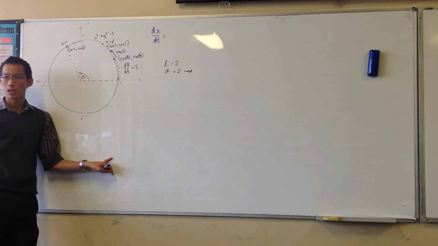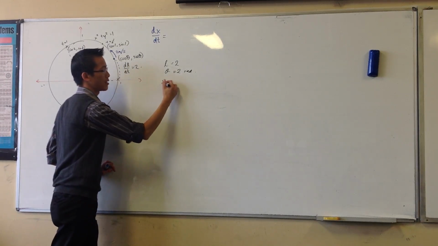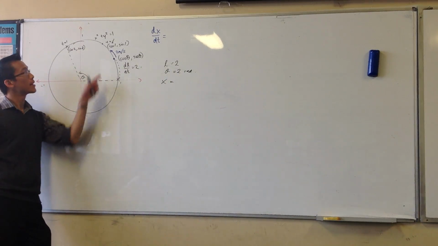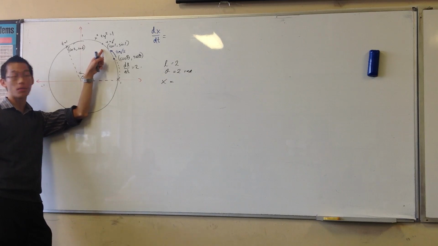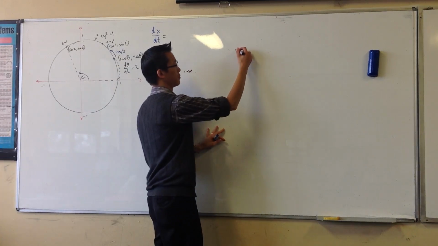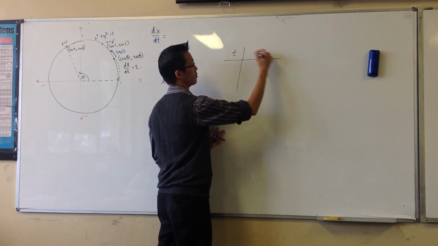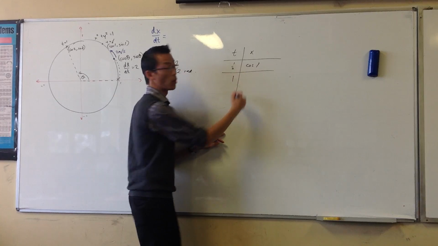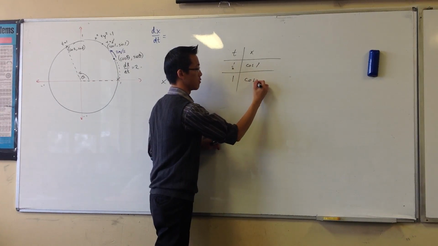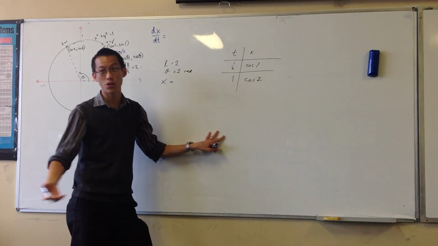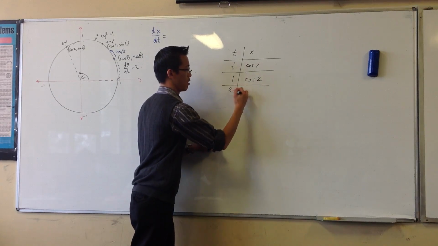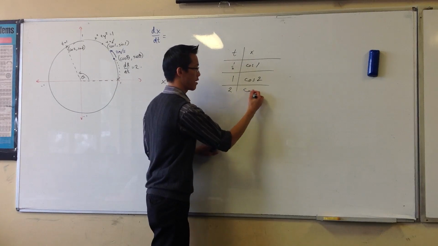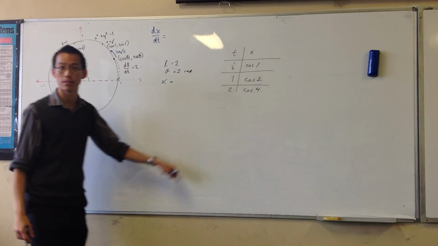Okay, so here's what I'm after. I'm trying to find what x is equal to as it changes over time. When t was a half, x was cos 1. So maybe I should draw this up on the table. When t was 1 second, it was cos 2. You can imagine, if I did go 2 seconds, what would the x coordinate be? Cos 4, right? What's the pattern that I'm observing?